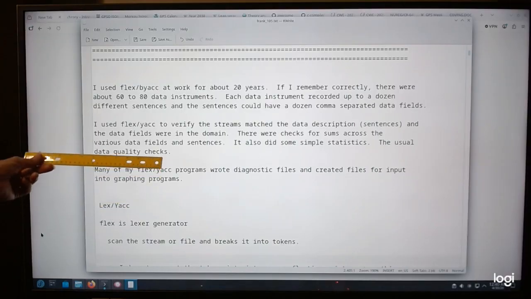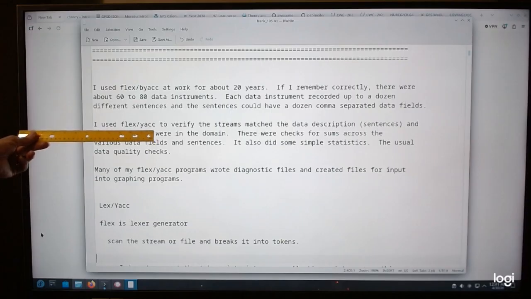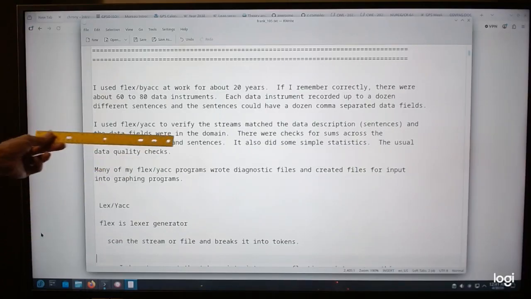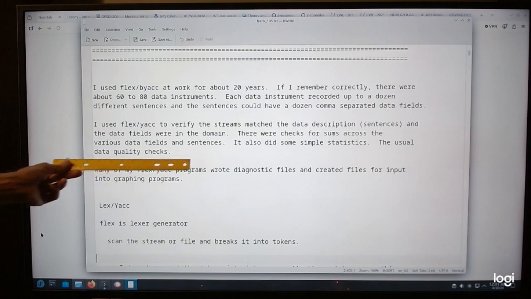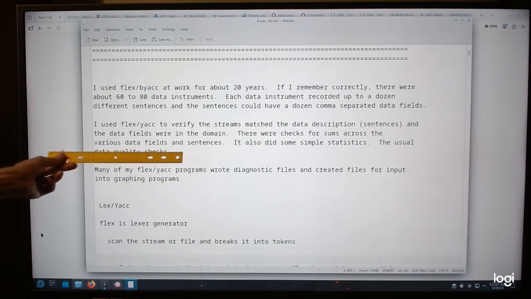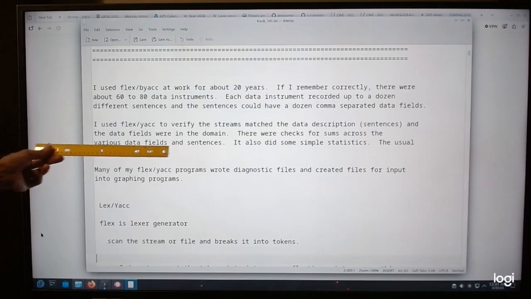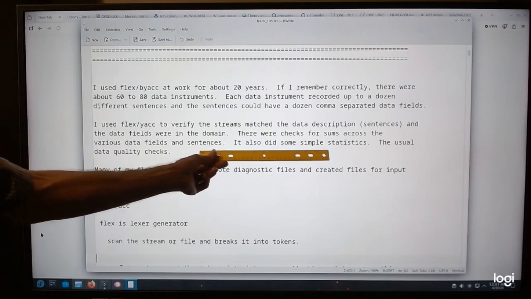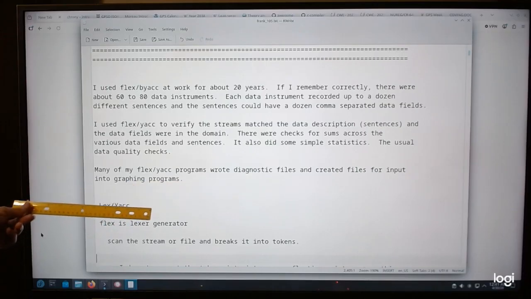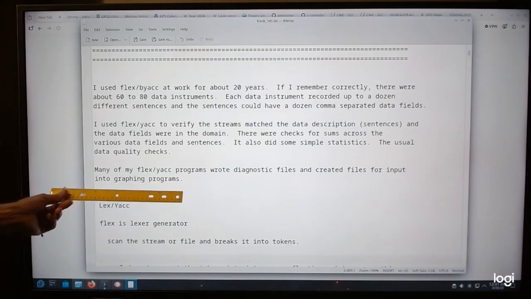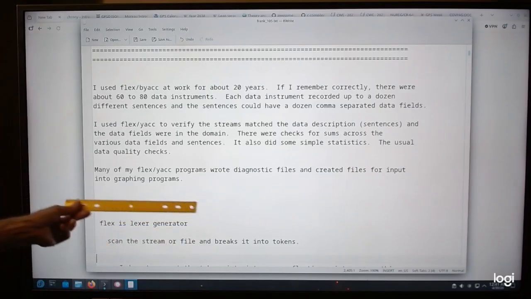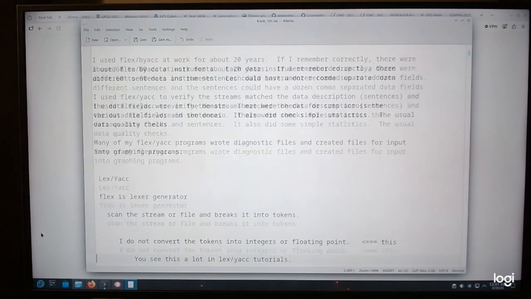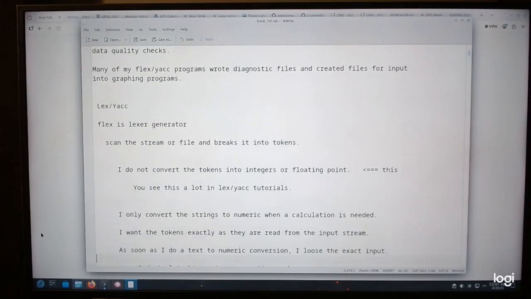I used Flex and YACC to verify the fields were in the domain, the checks. I used various checks among the sentences and the data fields. I did some simple statistics, and I created some input files for the graphing programs. So it was very, very useful at work.